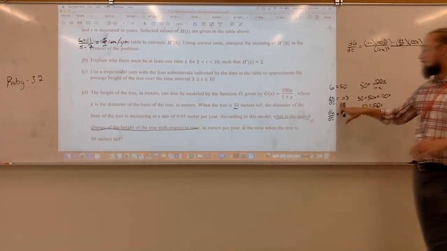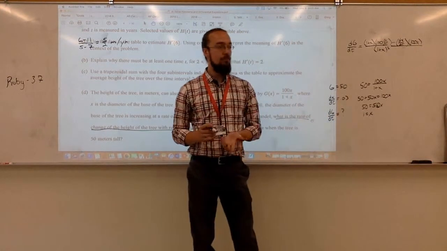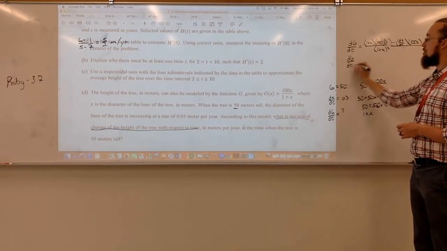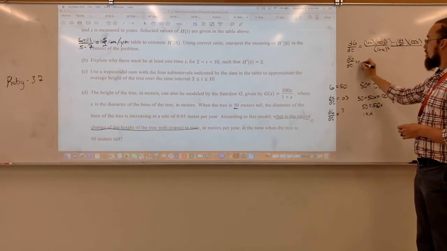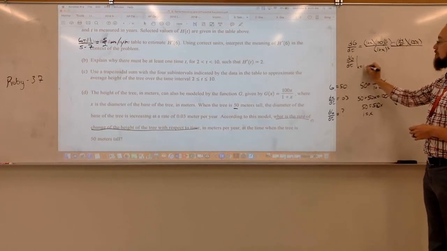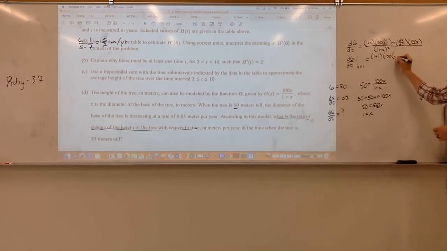Right, and then we know that dx dt is 0.03. So I can just plug 1 in for x and 0.03 in for dx dt. So dg dt whenever x equals 1 would be 1 plus 1 times 100 times 0.03 minus 0.03 times 100 times 1 all over 1 plus 1 squared.